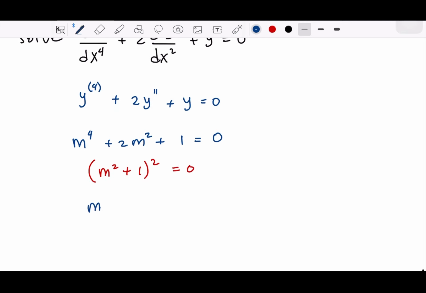And m squared plus 1 equal to 0 is basically irrational, right? So let me write here, m is plus or minus an imaginary number, right?